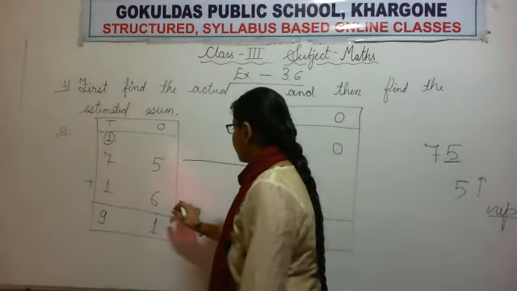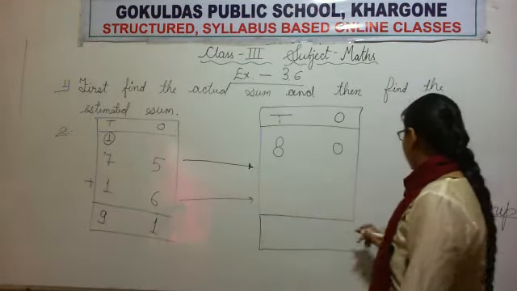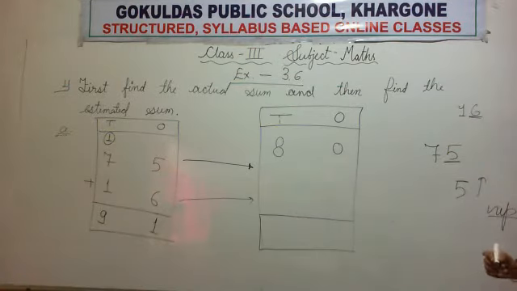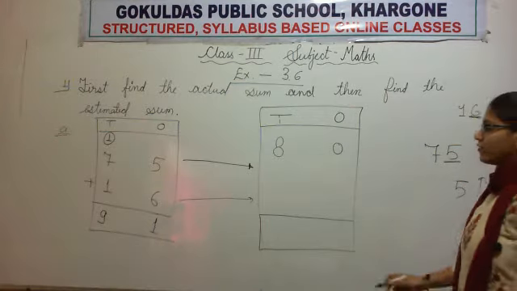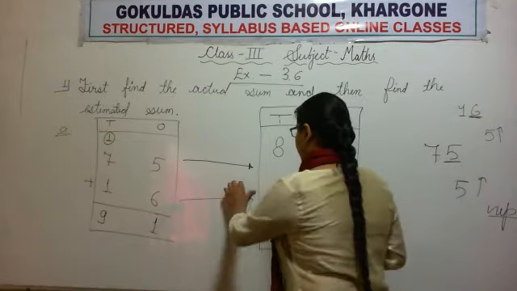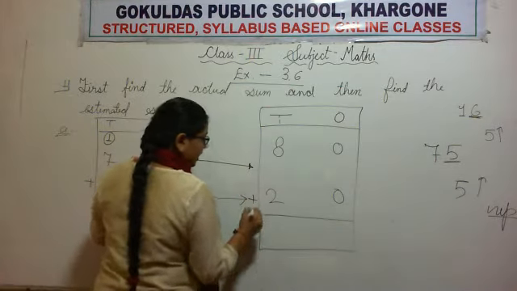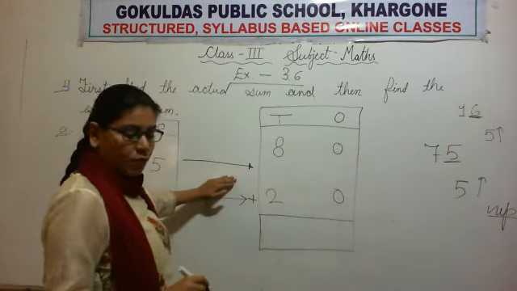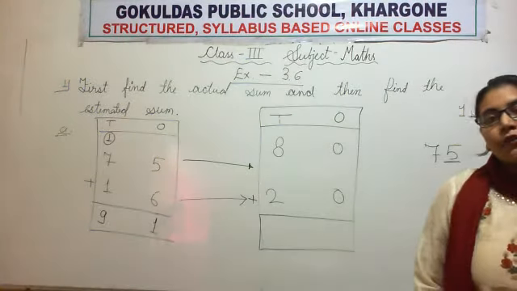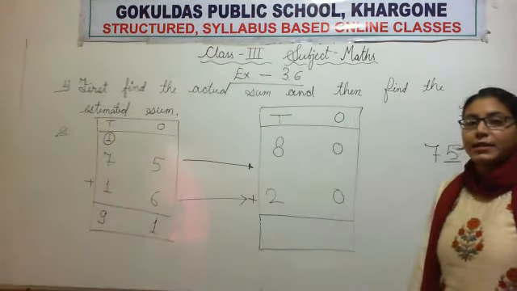Now moving towards next number 16. Look at number 16. Number 16 is having 6 at ones place. Number 6 is greater than 5. So we will round it up. So it will become 20. Now we have rounded off both the numbers, and when we add the rounded off numbers, we call the result as estimated sum.